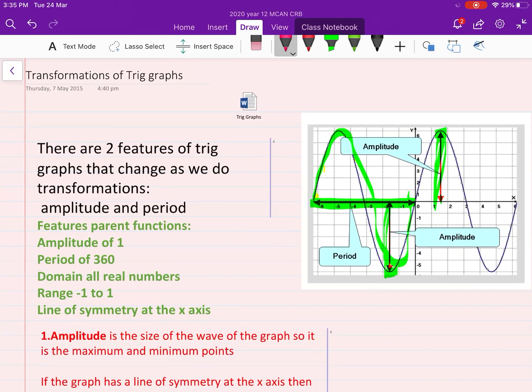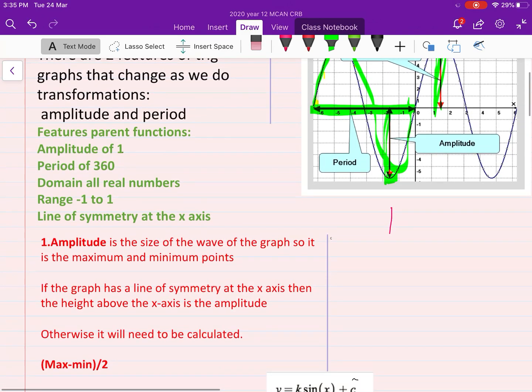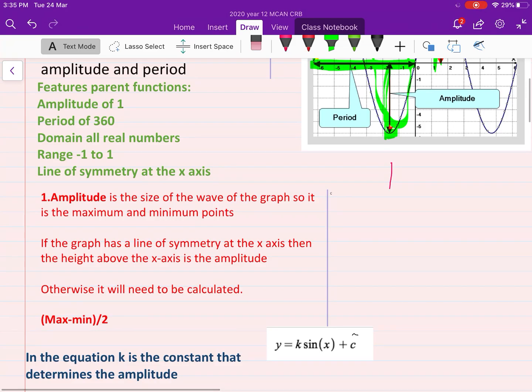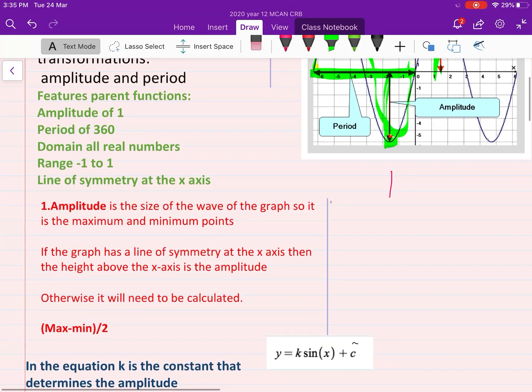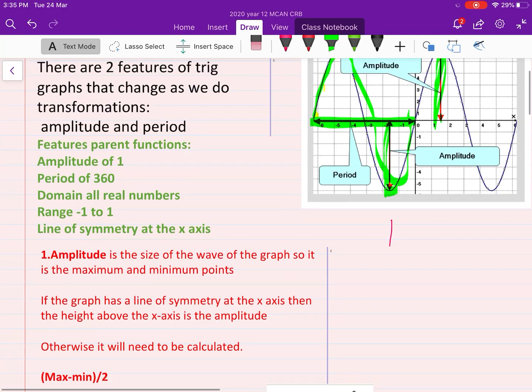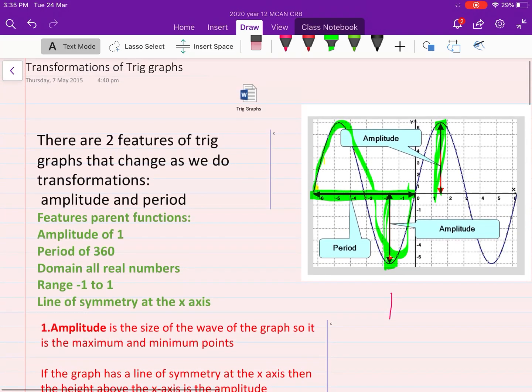So amplitude is the size of the wave of the graph, so it's the max and the min points. If the graph has a line of symmetry at the x-axis, then the height above the x-axis is basically the amplitude. Here the line of symmetry is your x-axis, so you can just count how far up or how far down it went, that's your amplitude.